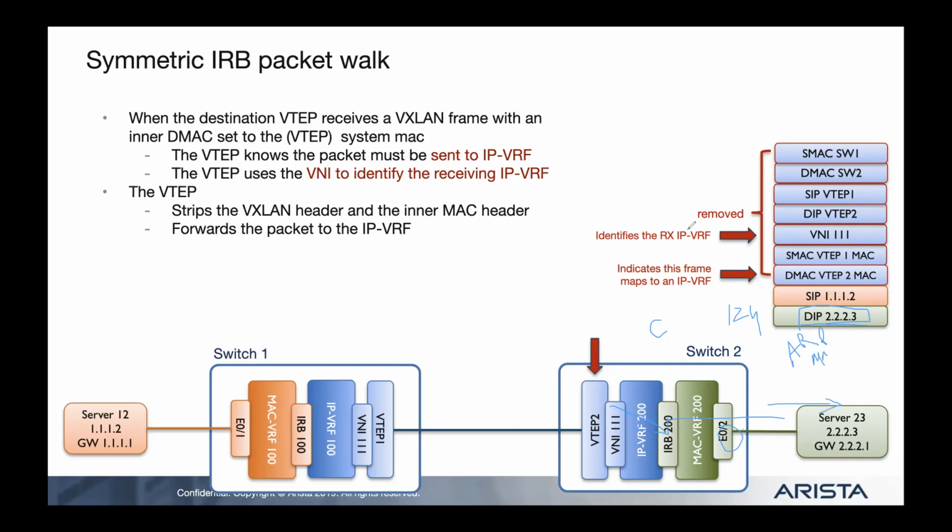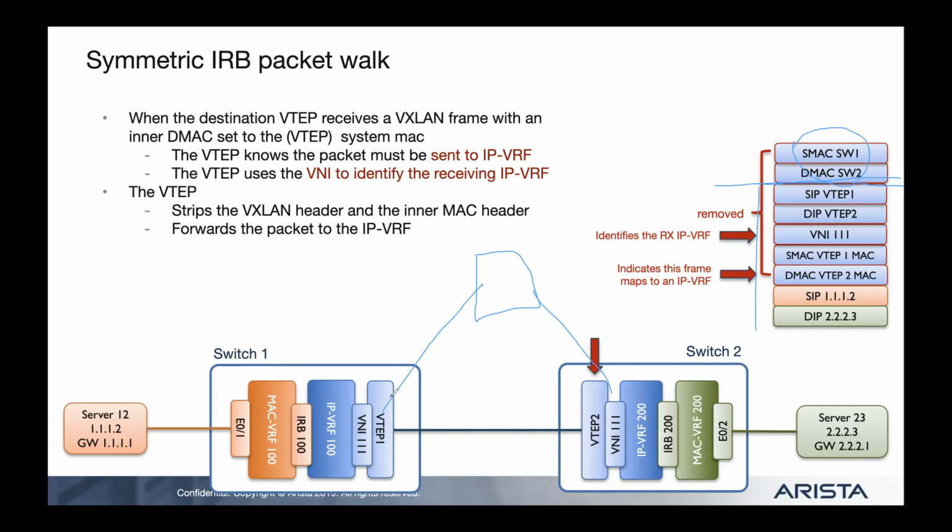And then you will find that there is a MAC associated with this, and then you forward the packet out. So if we have a spine device in between, only the top two will be changing across the path, the source MAC and destination MAC.